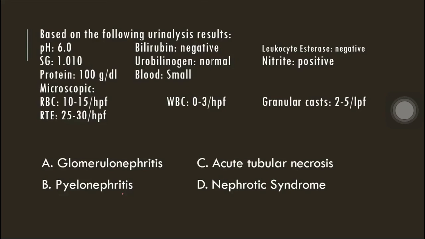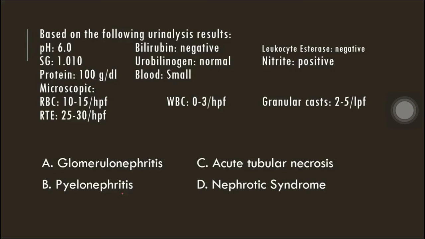Okay, so isosthenuric urine. Urobilinogen normal, nitrite positive, protein 100 mg per deciliter, blood small, microscopic 10 to 15 HPF, 25 to 30 HPF ang RTE cells, WBC 0 to 3 HPF, granular cast 2 to 5. Okay, which of the following conditions may exhibit this result?